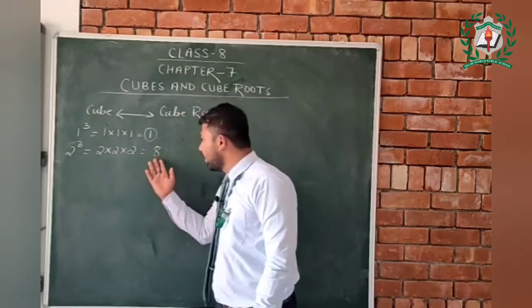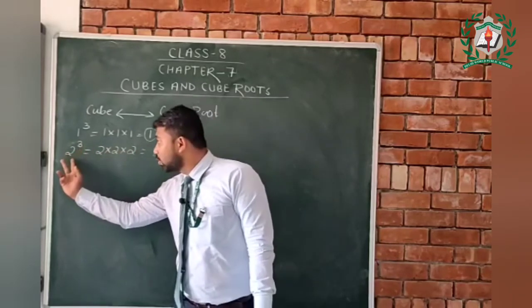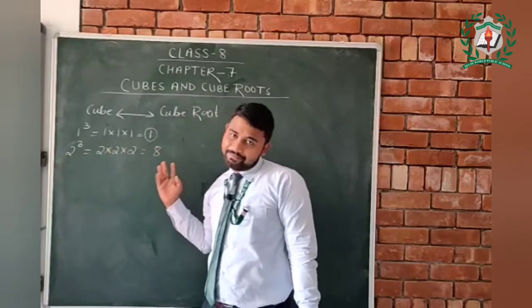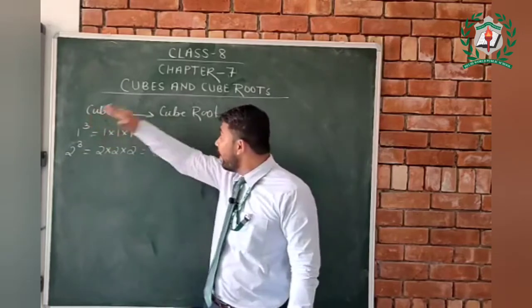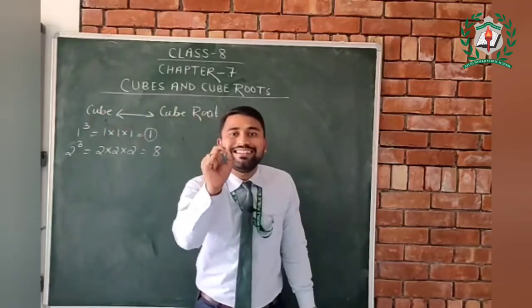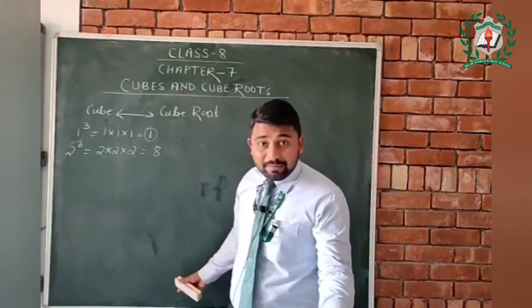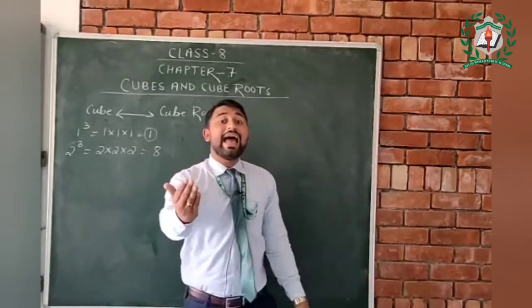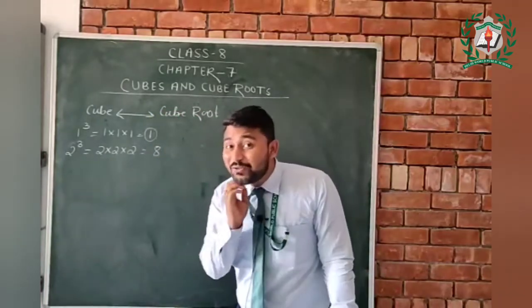The cube root of 8 is 2, and the cube of 2 is 8. Got it, students? That is why I am telling you, cube and cube root are completely related to each other. Rahul, did you understand? Very good. So what did you understand? That cube and cube root are completely related to each other.